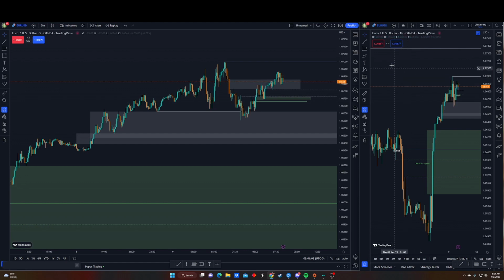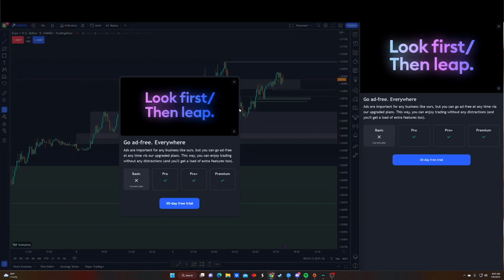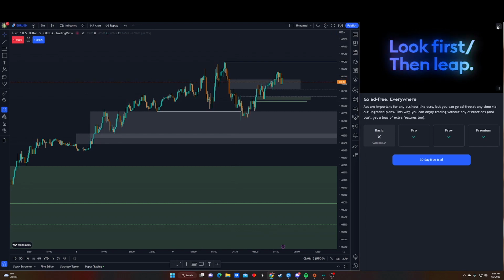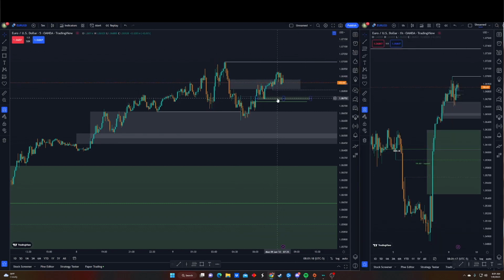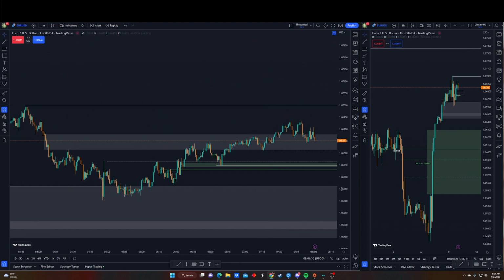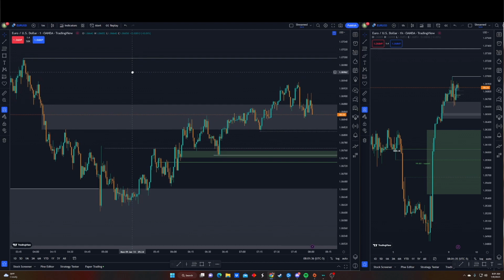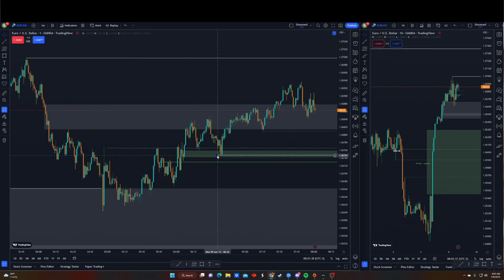But I think we are. This is really annoying. I kind of get a blocker on here. I think we're heading down for this low. That's what I think is going to happen. If we don't take that low, I'm not going to be upset, but I am going to be looking for a long. So now I'm interested in the 1 minute. I just like to keep that clean.